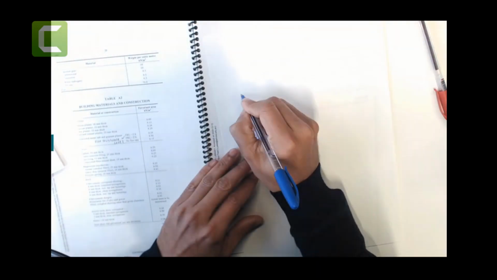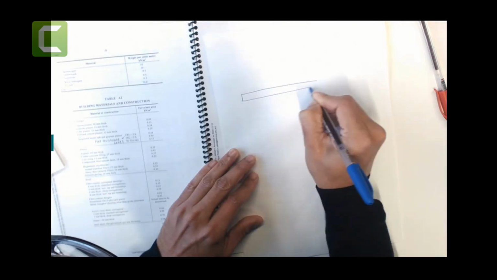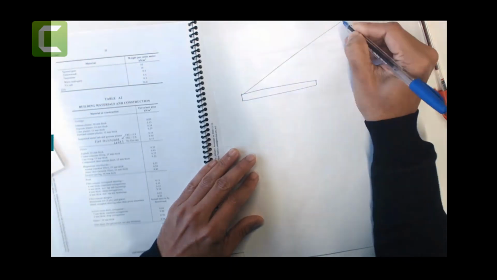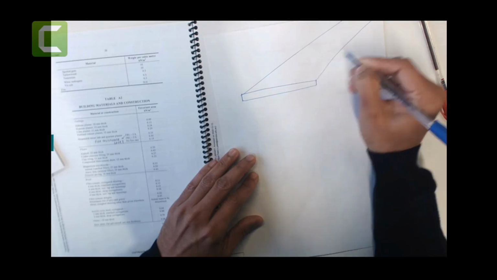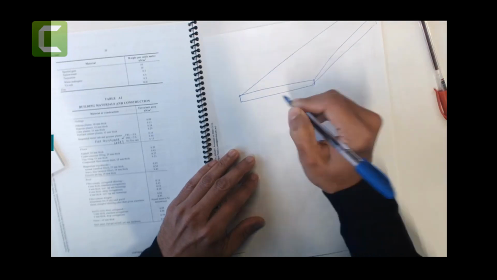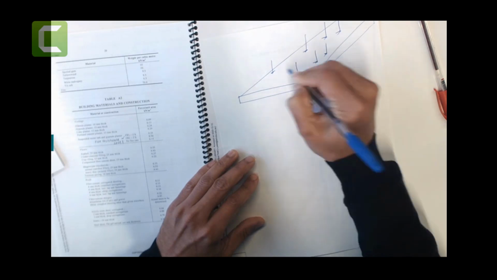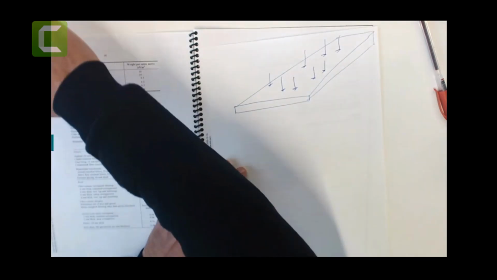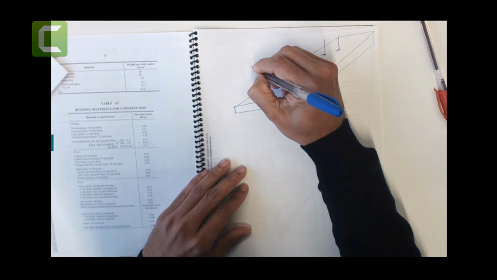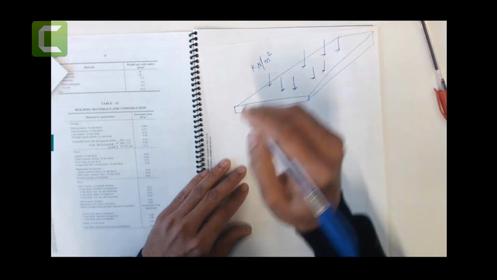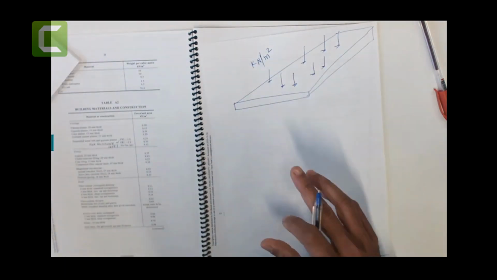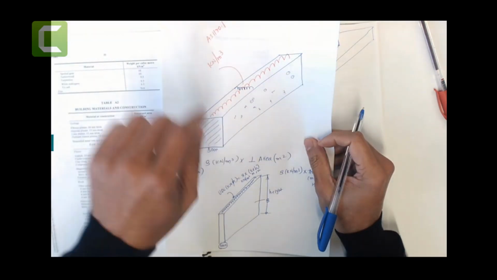So let's say someone gives you a pressure per area, kilonewton per meter square. Then you multiply by the area to get the UDL load.